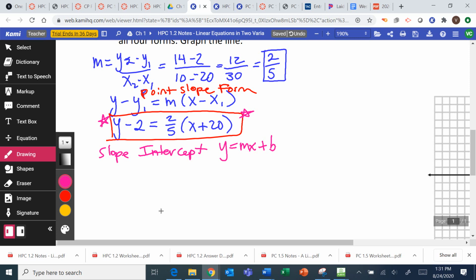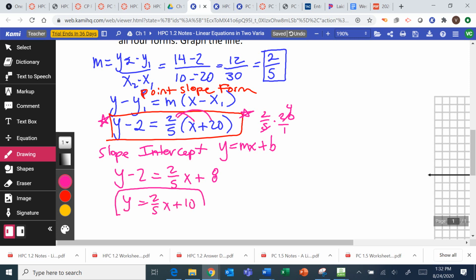So what should you do? Yeah, distribute. Okay, that's not quite y equals mx plus b, so we're going to solve for y and add that to. And now we have slope-intercept form.